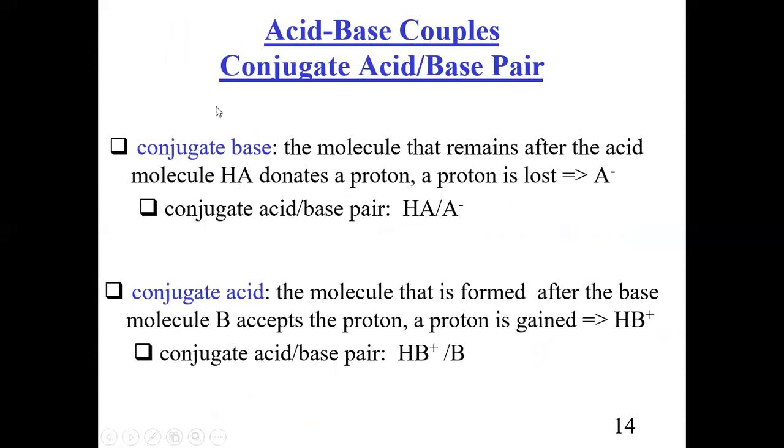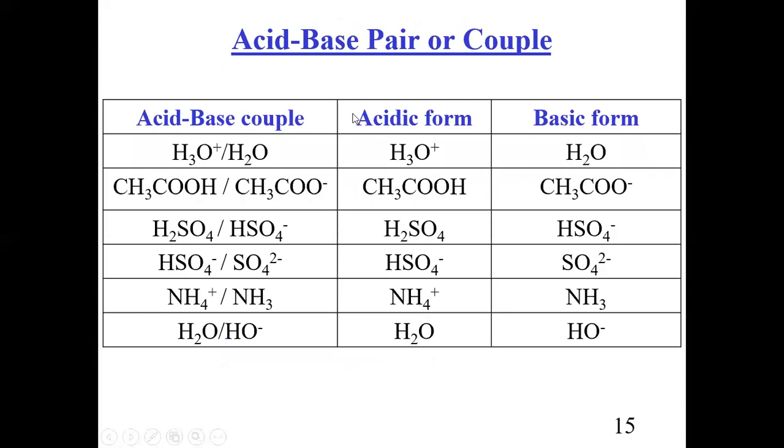We already said that the conjugate base is whatever comes out after an acid loses its proton, and a conjugate acid is the molecule that's formed after a base accepts a proton. So if the base is B, the conjugate acid will be HB. And when you write down the pair, you always put the acid followed by the base.